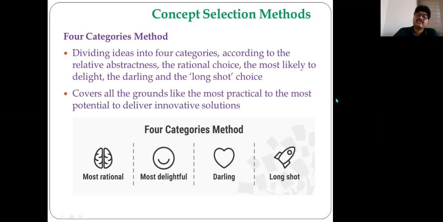So when you say most rational, based on your constraints, how it could be applicable, and how exactly it matches your requirement, where you will be keeping this particular option to be accepted by your customers. And the second option is about most delightful, where you are providing more than what the customer expected, and you are able to give a different experience to him by what type of ideas are going to be in this category. And the third one is the category called the darling category.